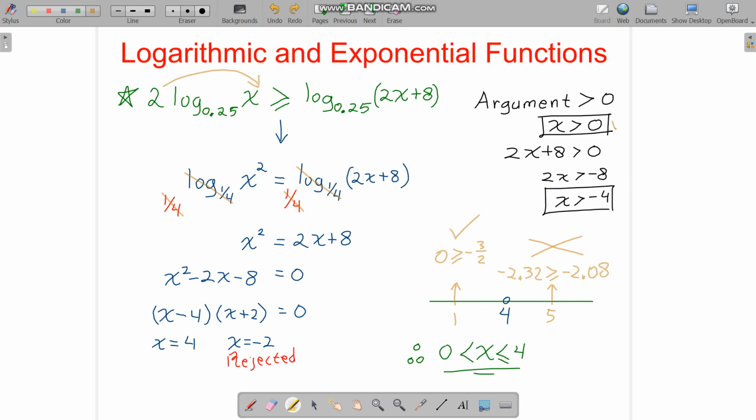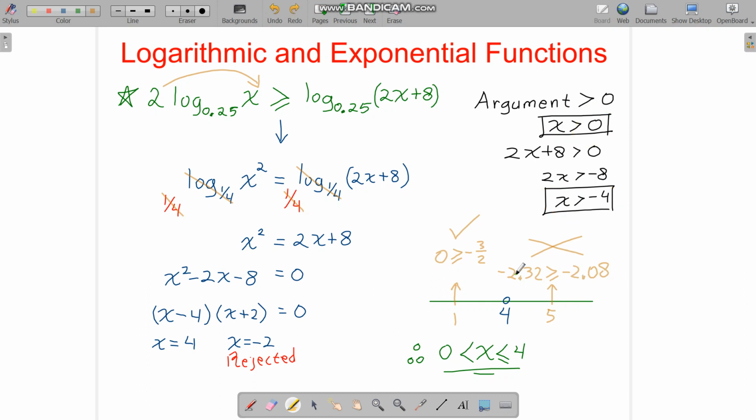So we have two inequalities that we have to follow here. So x is bigger than 0 at the same time as x is bigger than -4. So of course we can just use this one inequality, because if x is bigger than 0, of course it is also bigger than -4. So this is useless. You don't need this because we have this inequality.